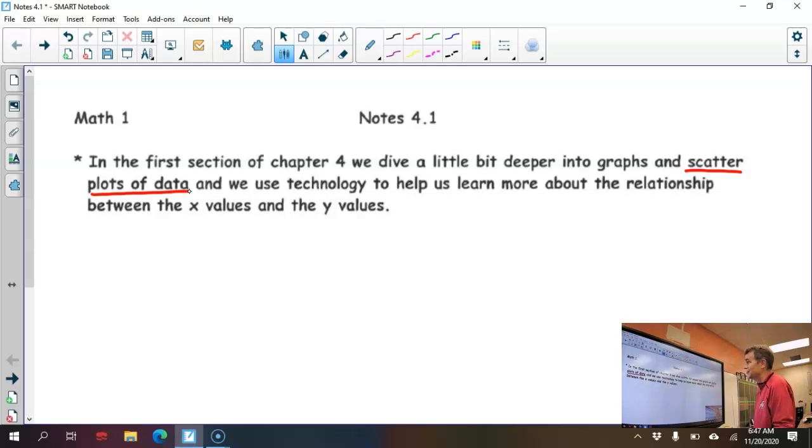And that's kind of what we're going to do today. And we are going to learn how to use technology to do that eventually, to help us learn about the relationship. That's a good word. I like that word. The relationship between X and Y. And today I'm going to point out the relationship between two things, perhaps.